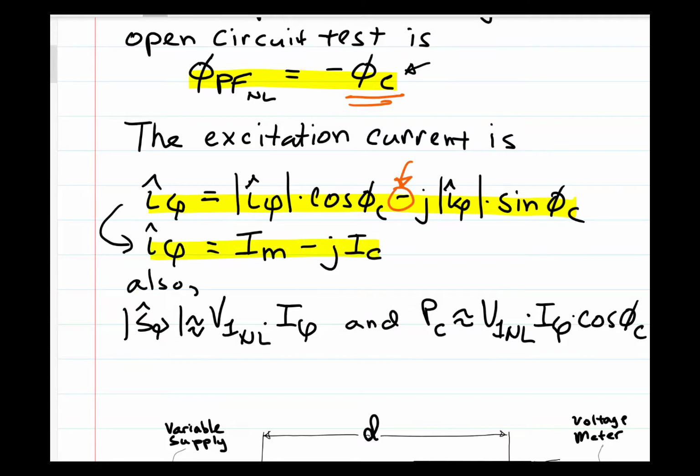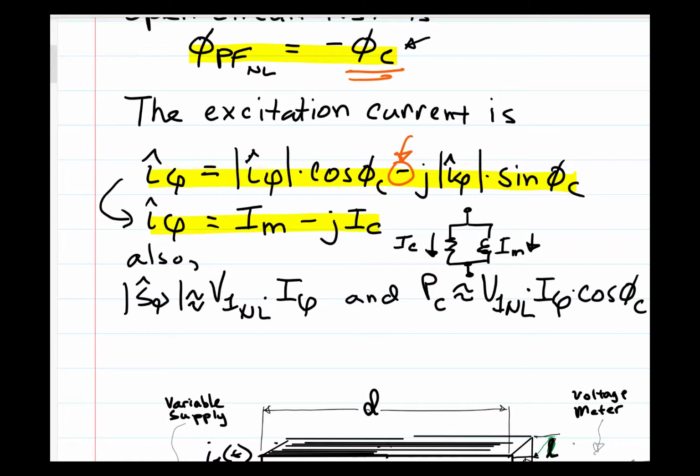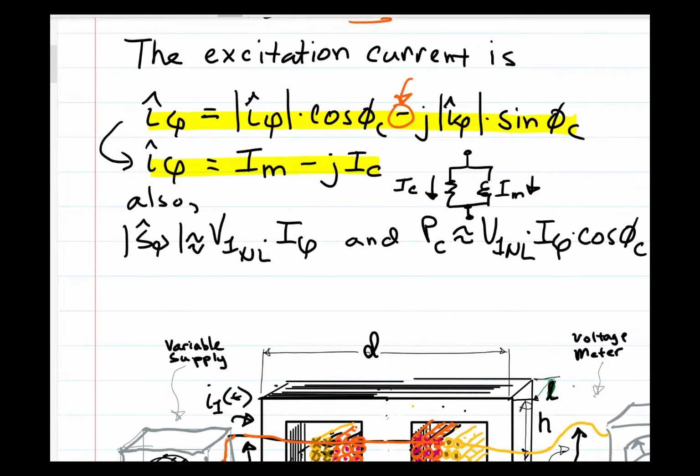And what we're after really is, from these current measurements and the power measurements, we have this parallel branch that has a resistance associated with the core loss and a reactance associated with the magnetizing current or magnetizing VARs. We also recognize that the direct measurement of voltage and current from the primary side gives us an approximation. It's not exact.